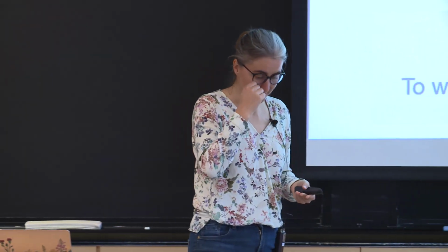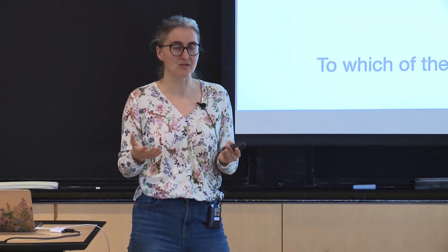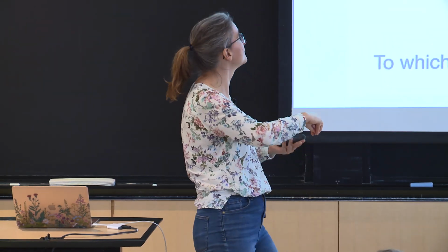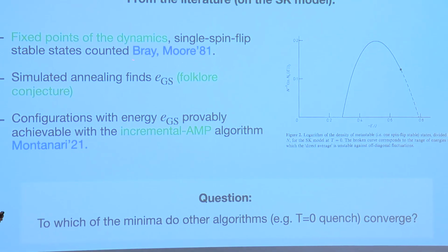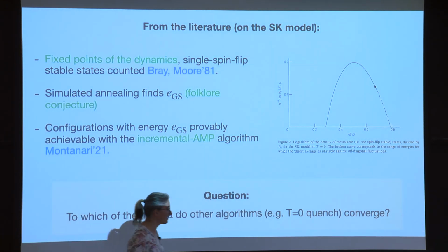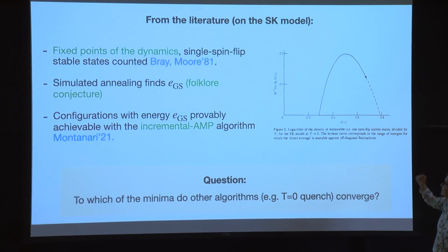So what is known about it since a long time is counting fixed points of this dynamics. So configurations so that if you apply the dynamics on it, you stay where you are. That's quite well-known, at least in the physics literature, in a paper by Bray and Moore, where they plot how many fixed points there are as a function of the energy, the value of this h that I defined.